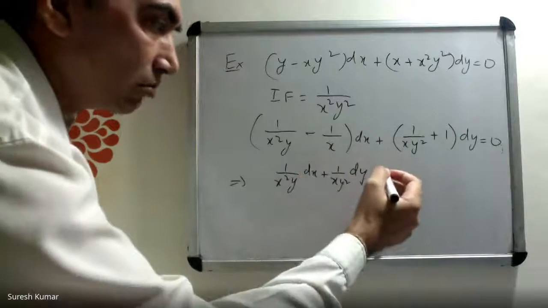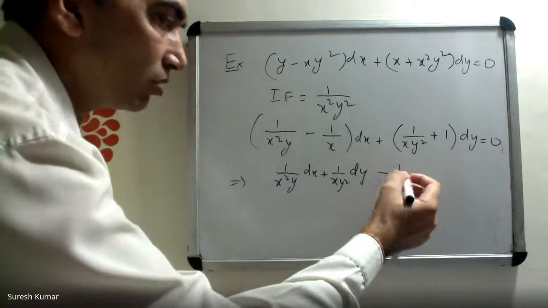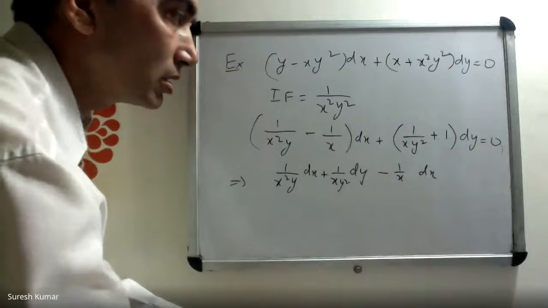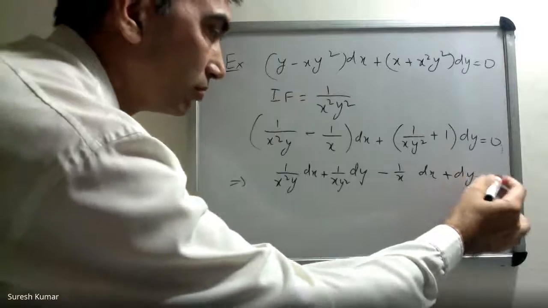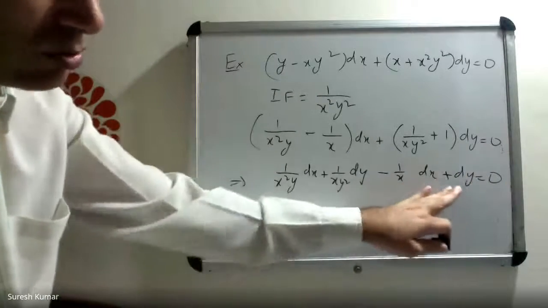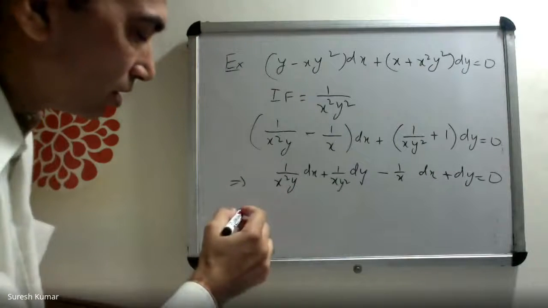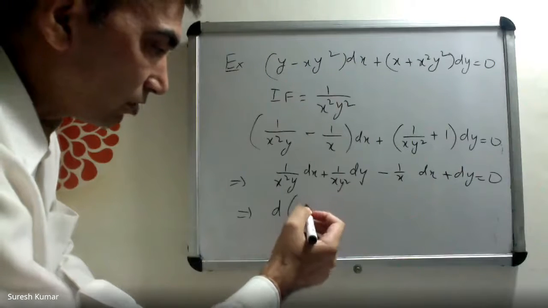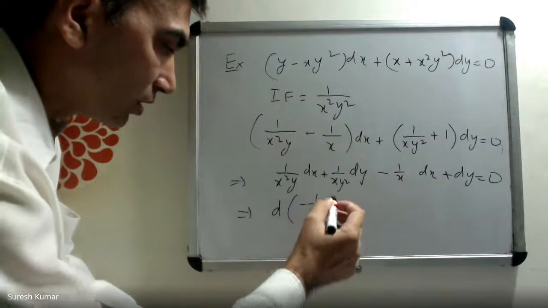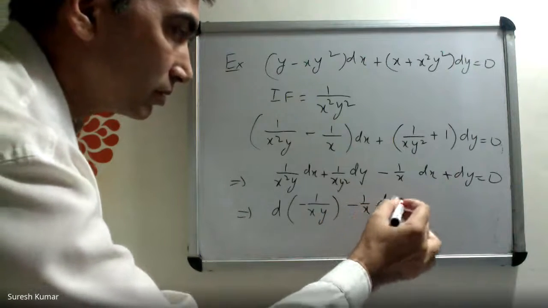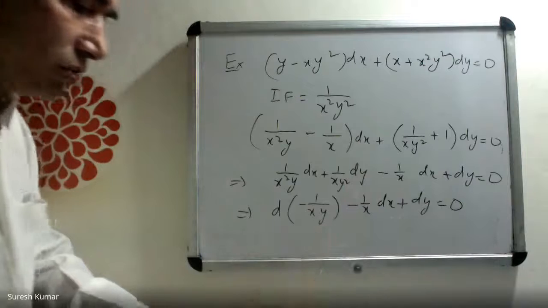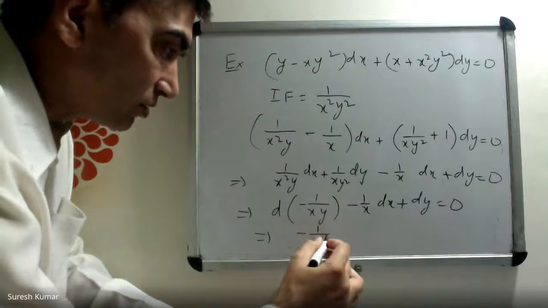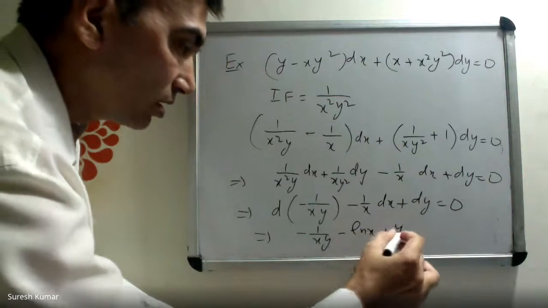You know these can be combined in one exact differential, minus 1 over x dx plus dy equal to 0. There is no problem in integrating these two. Just you need to combine these. You already know these two terms come from the differential of minus 1 over xy. So what is the final answer for this problem? Integrating both sides, we get minus 1 over xy minus ln x plus y equal to c.